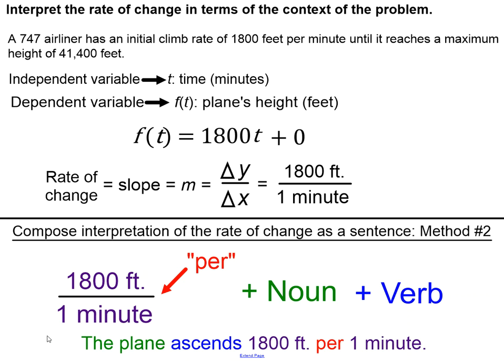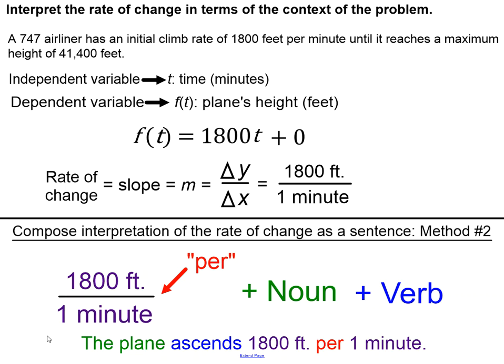The plane, my noun, ascends, my verb, 1,800 feet per 1 minute. So you just read this ratio, 1,800 feet over 1 minute, but instead of saying over, you're saying the word per for the fraction bar, and that then represents that sentence.